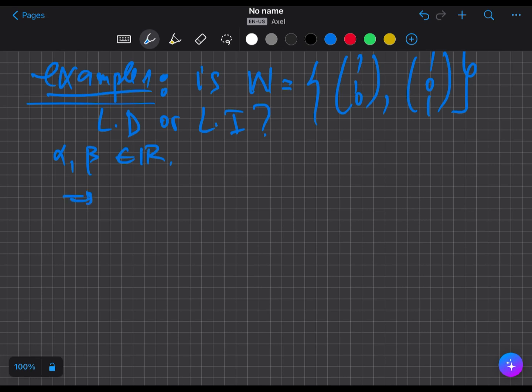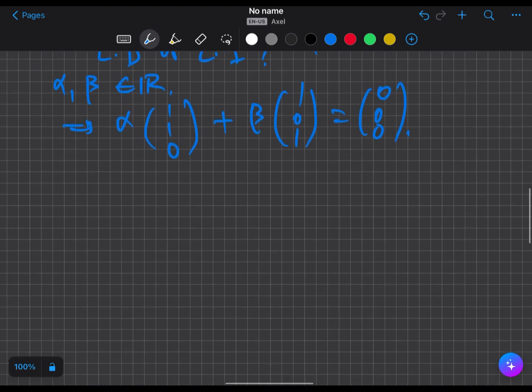So let's check if they can be written as a combination. We need to find alpha and beta to see if they are all zero, then it will be linearly independent. If at least one of these two is non-zero, then it will be linearly dependent.